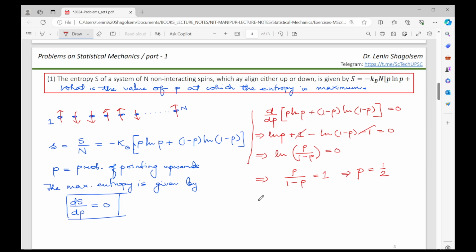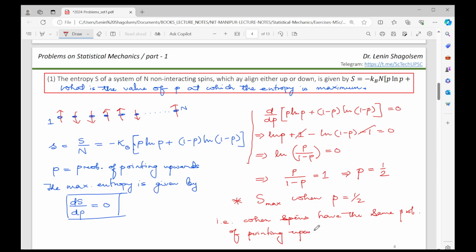So the entropy is maximum when p is half, that is, when the spins have the same probability of pointing upward or downwards.